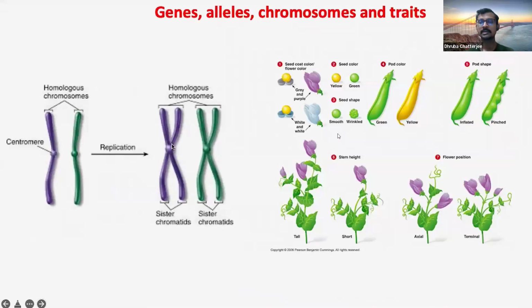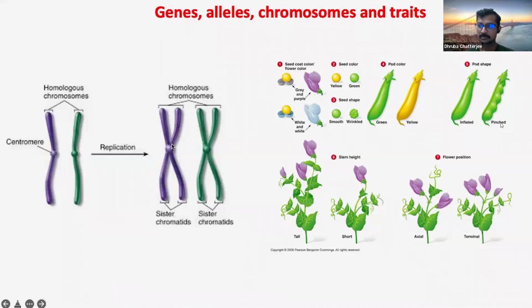Mendel studied various different phenotypes of the garden pea plant, right? For example, these are the phenotypes. What was the seed coat color? Seed color, for example, yellow or green. What is the seed shape? Smooth or wrinkled? What is the pod color? Green or yellow?